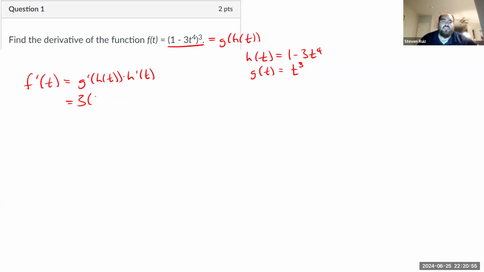So 3 times what squared? 3 times 1 minus 3t to the fourth, all squared, times h prime of t. What's the derivative of h? That'll be, by power rule, negative 12t cubed. So if I clean this up a little bit, I get negative 36t cubed times 1 minus 3t to the fourth, squared.